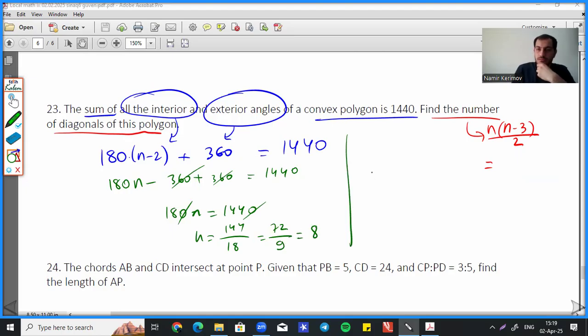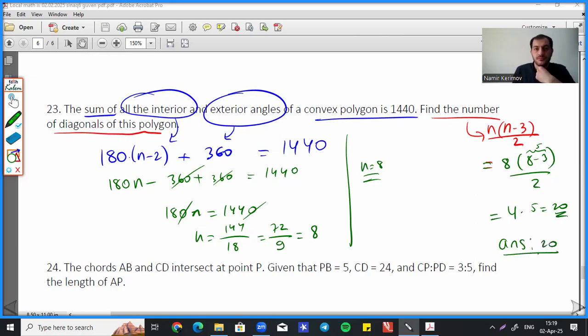So we know that the number of sides is 8. So just substitute it. 8 times 8 minus 3 divided by 2. That will be 4 times 5, it's 20. So the answer is 20, the number of diagonals.